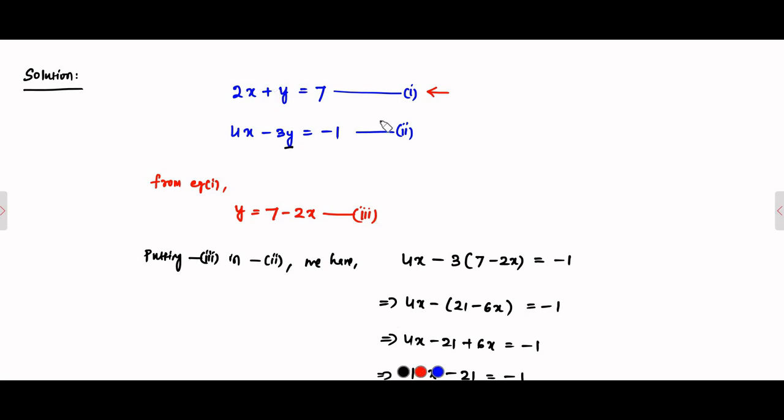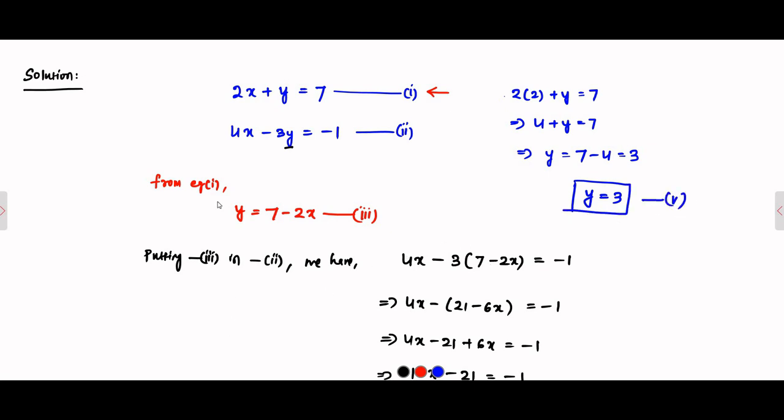Putting here in equation 1, we have 2 into 2 plus y is equal to 7, implies 4 plus y is equal to 7, implies y is equal to 7 minus 4, that is equal to 3. So we have got y is equal to 3.